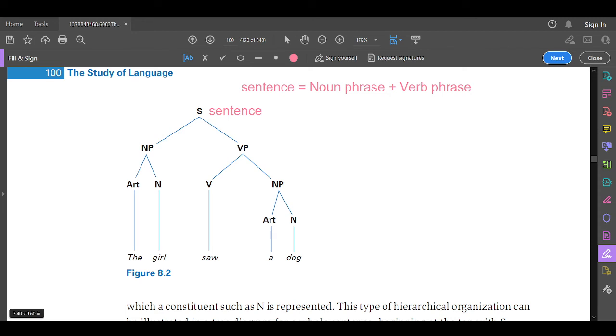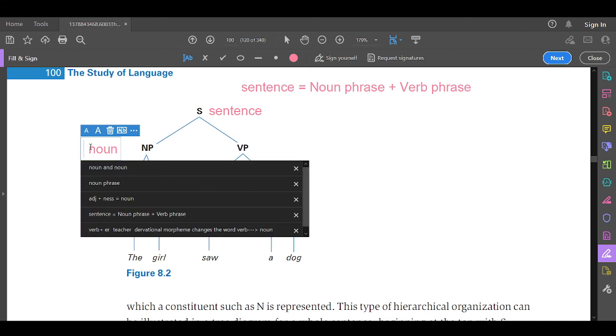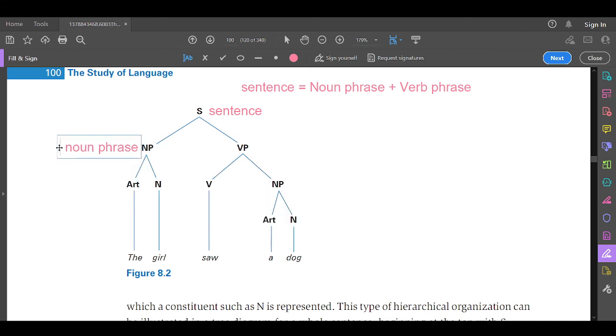So for the sentence, we have NP, a noun phrase. The noun phrase includes an article plus a noun. It can be just a noun. A verb phrase can be just a verb. With NP and VP, we have a sentence. As I said, that's the NP noun phrase, and here we have the VP verb phrase.